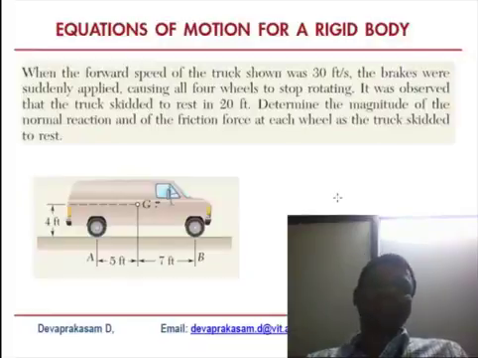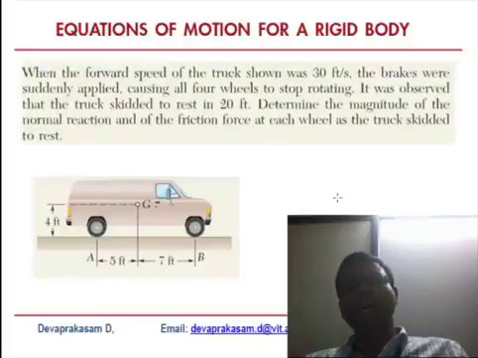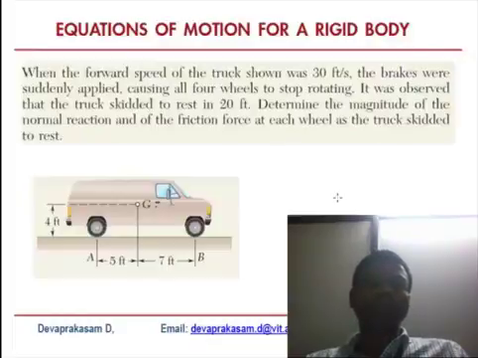G is the center of mass, where gravity acts. Now you have to resolve these into forces and moment about A, using the equilibrium equation.